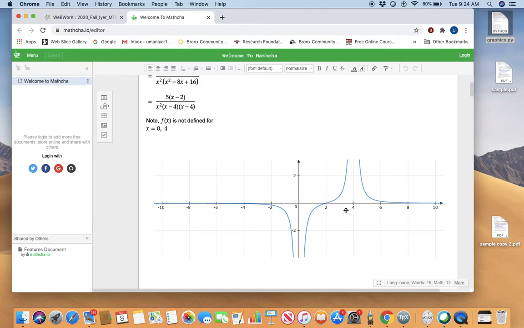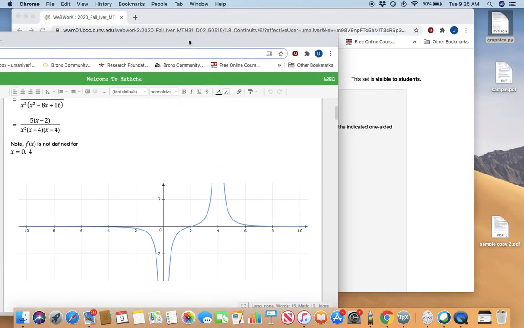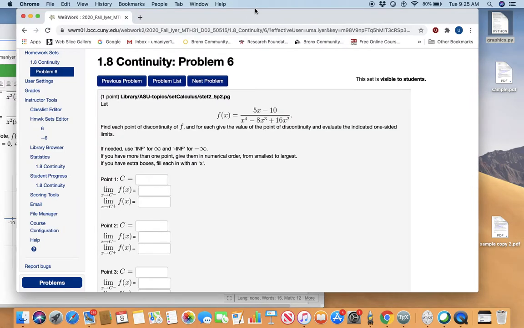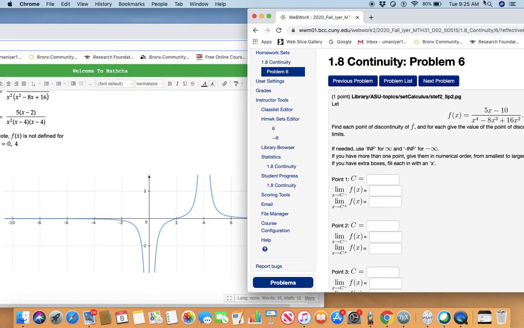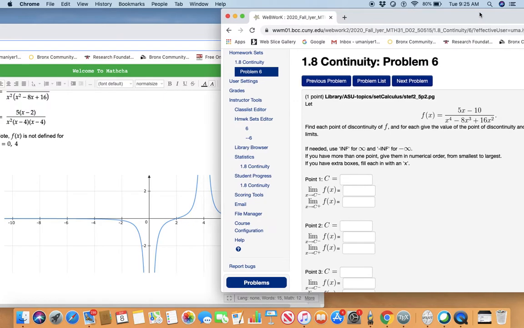Between 0 and 4, you can plug in 2 and see. 2 is of course giving you 0, but say 1, you will see it's negative, so it's going below, and so on and so forth. So which brings us to our question. Okay, so far all I have done is used pre-calculus. So based on this picture, we have to say infinity or negative infinity or such things.